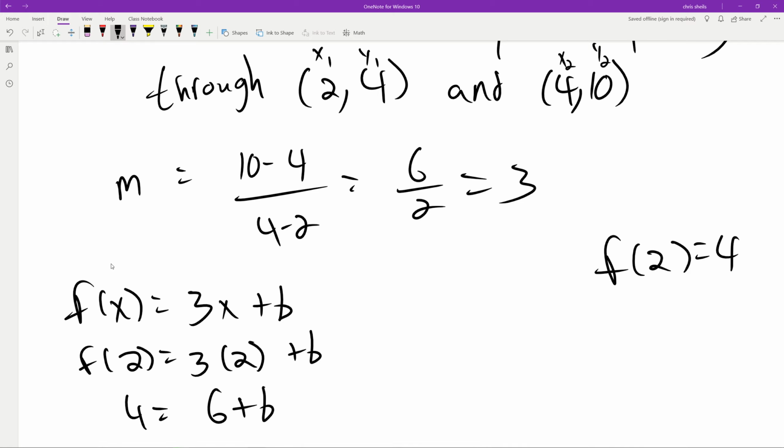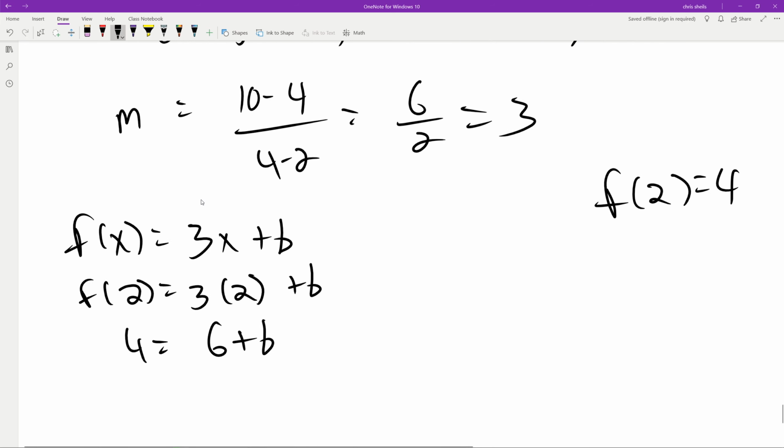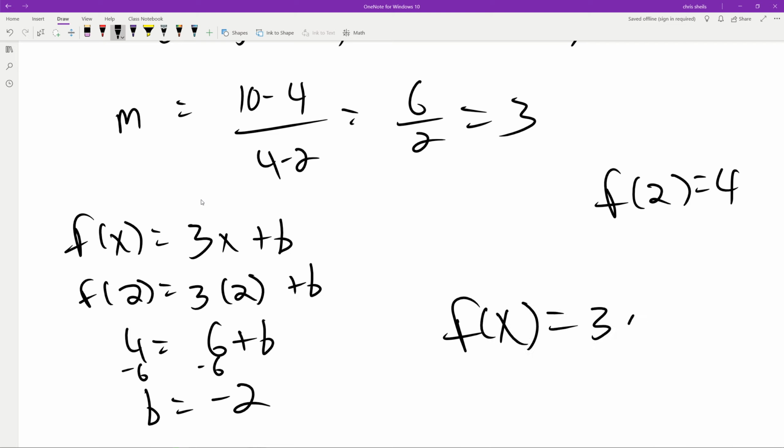This is 6 plus b. I subtract 6 from both sides, and I get that b is equal to negative 2. So my function here is f of x equals 3x minus 2.